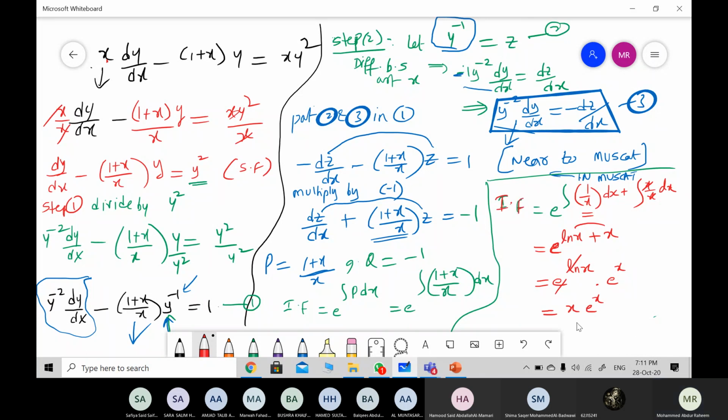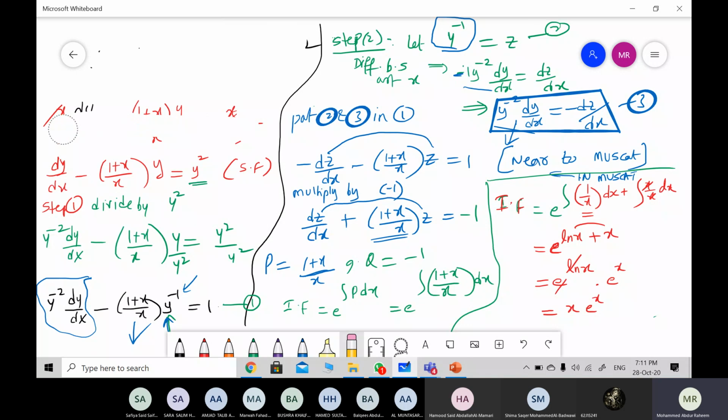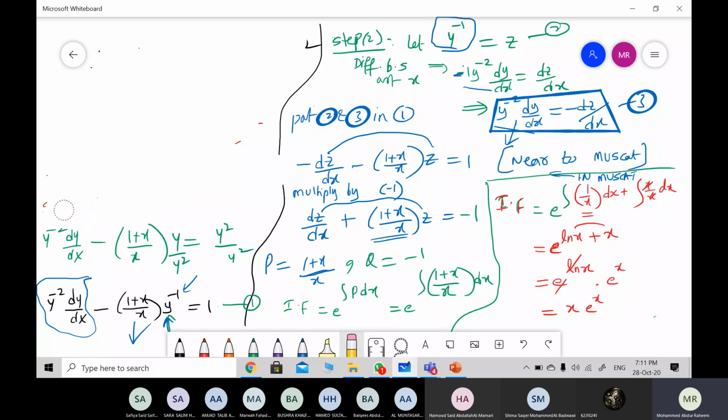Now next step please. General solution, what? z times IF equals integral of Q times IF.